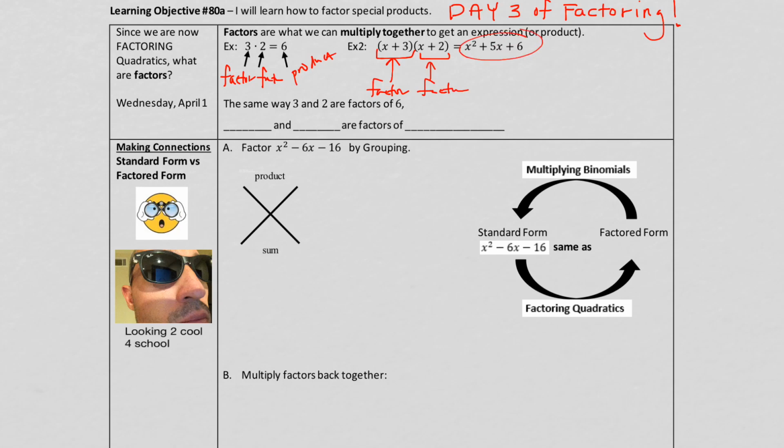So x plus 3 we call a factor, and x plus 2 is another factor of x squared plus 5x plus 6. So what we're doing this whole week, as we're factoring quadratics, is finding factors of a quadratic in standard form.